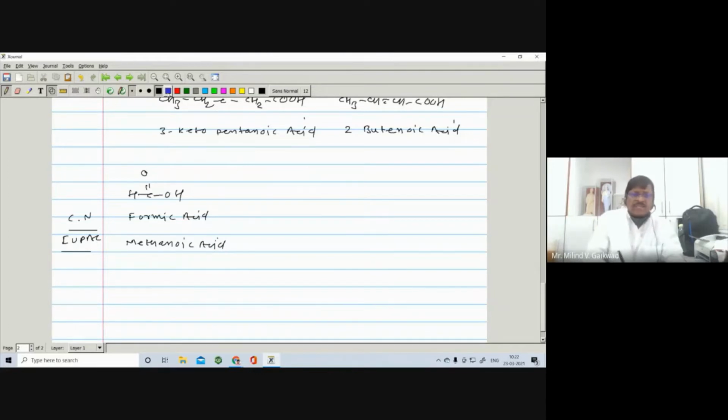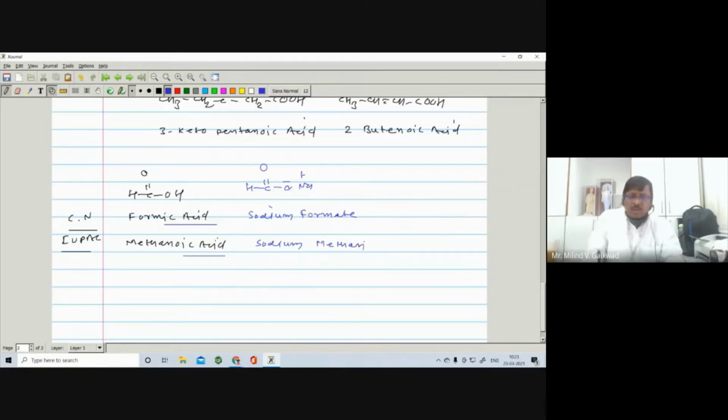If you convert it into the corresponding salt, for example HC double bond O minus and Na plus, here the ic acid you have to replace by ate, and you have to write the name of the cation. The cation is sodium, so sodium formate, and in IUPAC name, sodium methanoate.